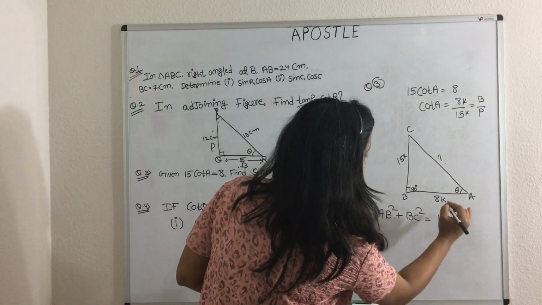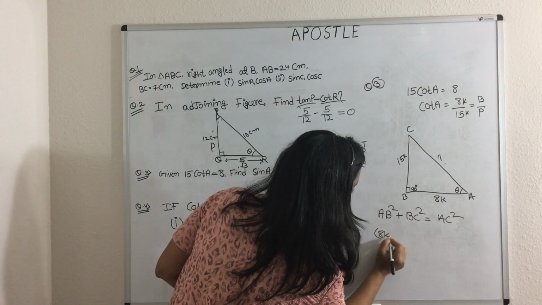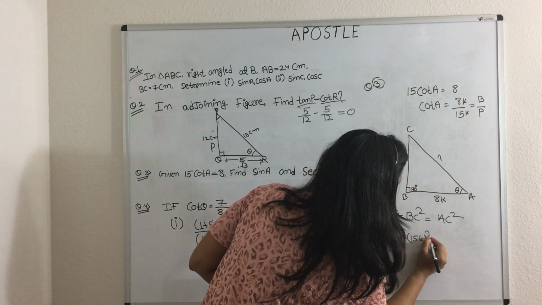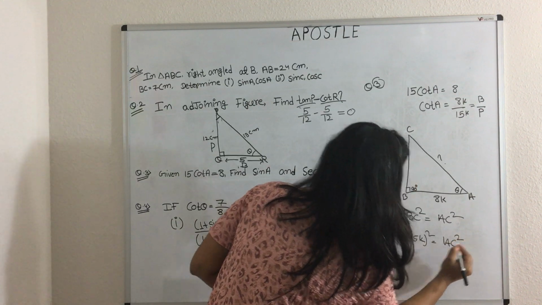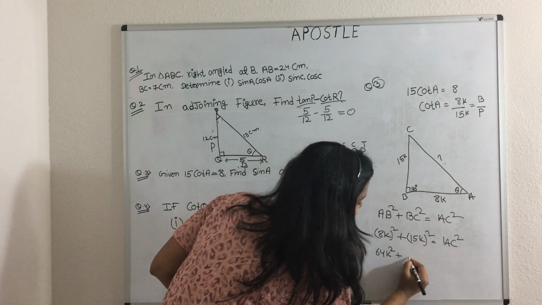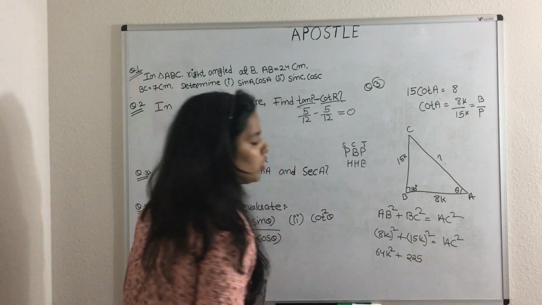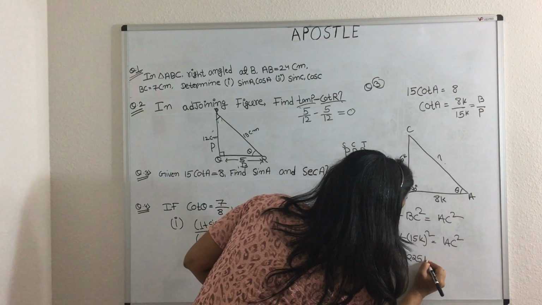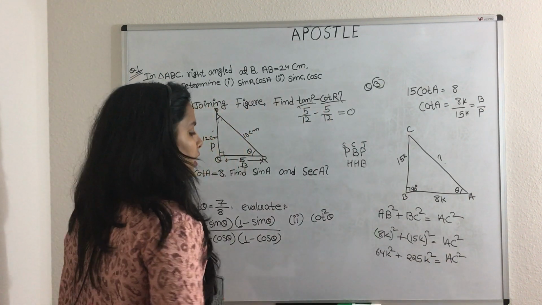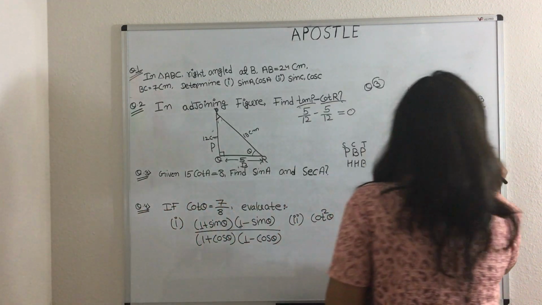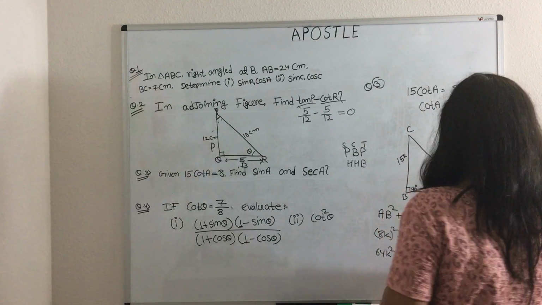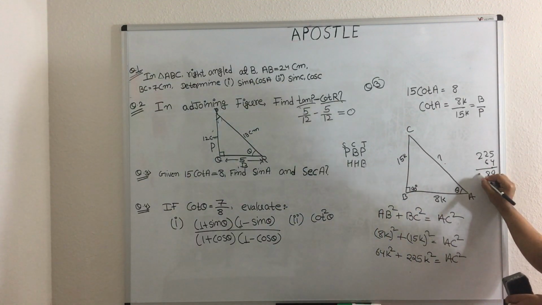So AB square is 8k square, BC square is 15k square, equal to AC square. 8k squared means 64k square, and 15 square is 225, so 225k square, and that is equal to AC square. Now we have to add 64 and 225. That is going to be 289.